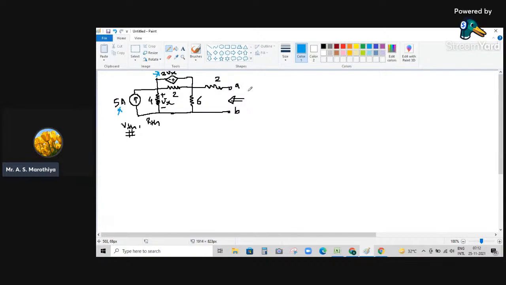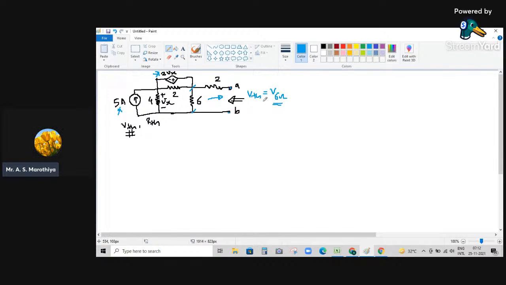Now see here, VTH is nothing but the voltage across terminal A and terminal B. Because this part is open, whatever voltage we experience across this 6 ohm resistor, the same voltage is going to appear across terminals A and B. So VTH is simply the voltage across the 6 ohm resistor.